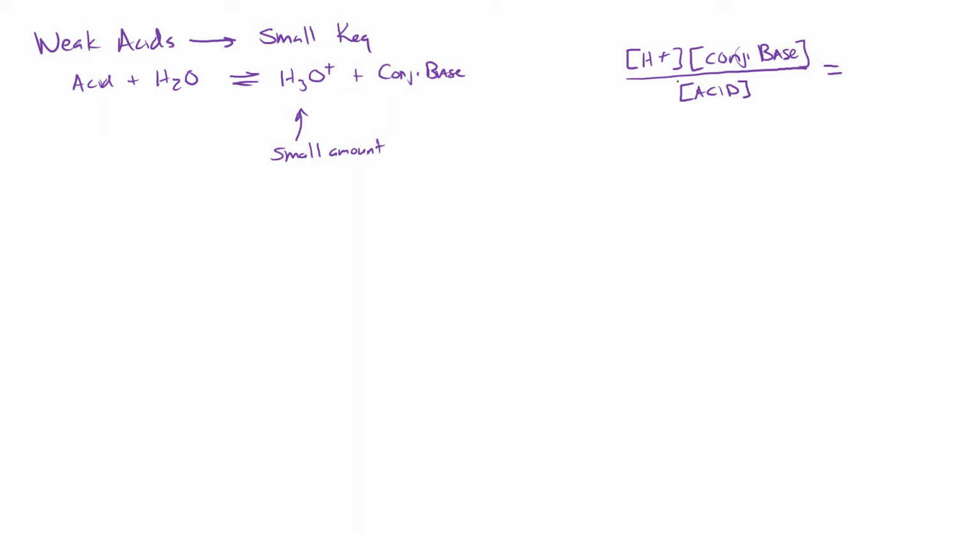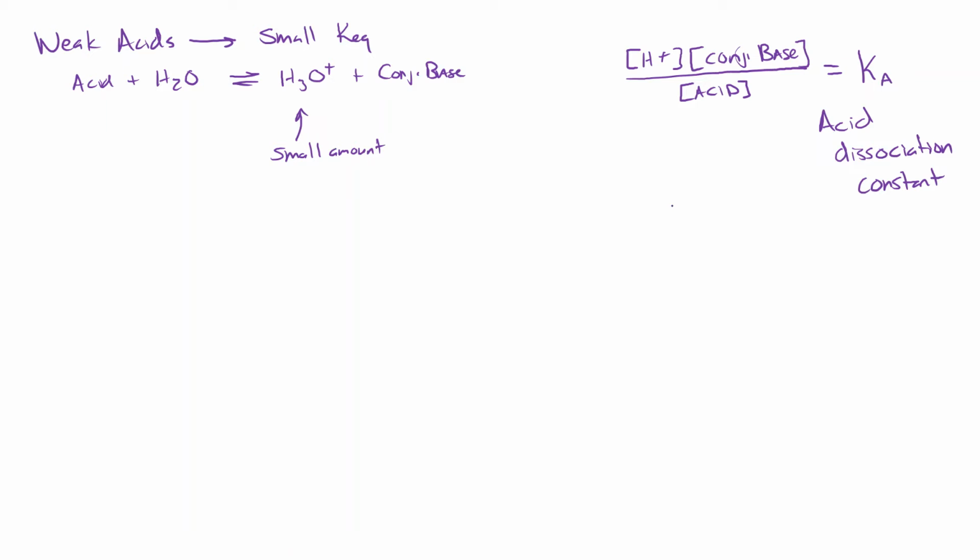When we take the KEQ expression of an acid-base reaction like this, we call this the Ka value. So this is, of course, the acid dissociation constant. It's just another version of KEQ. There's no difference really in how we calculate KEQ versus how we calculate Ka. Ka just tells us we're thinking about acids, right?